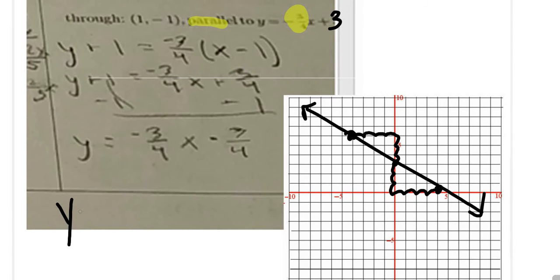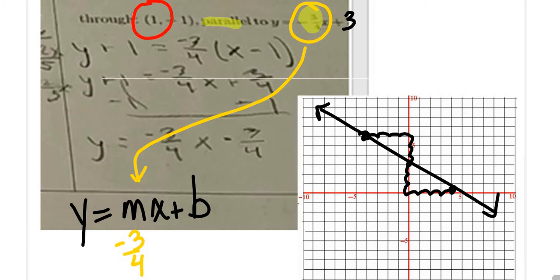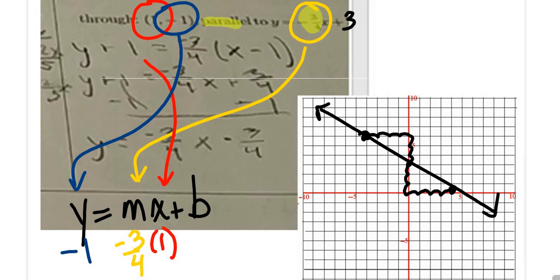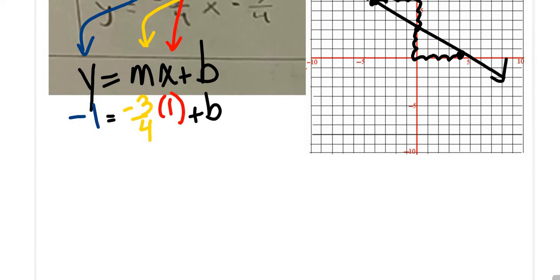I'm going to do y equals mx plus b. So our slope is going to be exactly the same, negative 3/4. Our x is positive 1. Our y is negative 1 plus b. We solve.